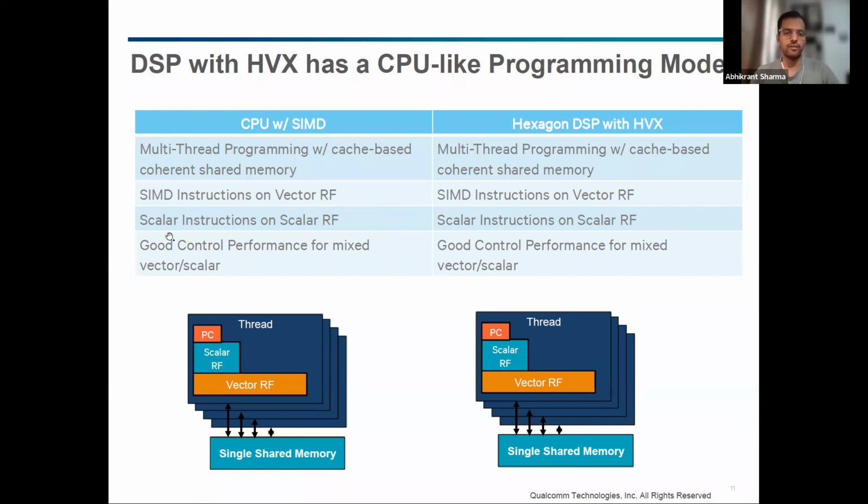And for non-vectorized processing, there are scalar hardware registers or scalar instructions to do that processing. The same is applicable for the Hexagon DSP as well. A traditional CPU will have good control for mixed performance of vector and scalar. The same is applicable for the Hexagon DSP.